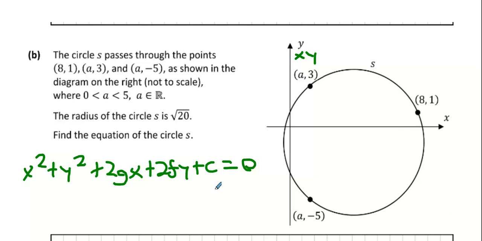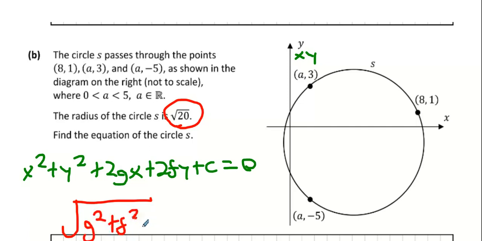I'm going to get 3 different formulas. Is that all right? Perfect. We already have the radius, which actually means there's a separate formula for that, which is g squared plus f squared minus c, and we actually know that that's root 20. The goal of the question, find the equation of the full circle, means I need to find g and f and c. Is that right? All right.